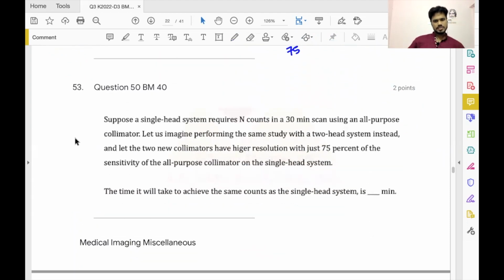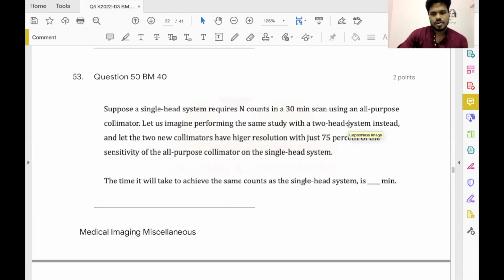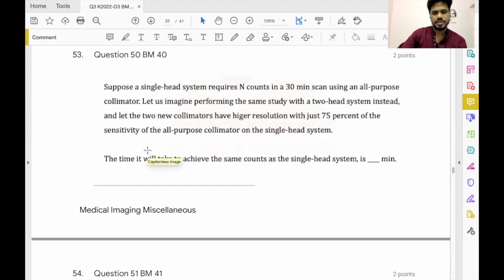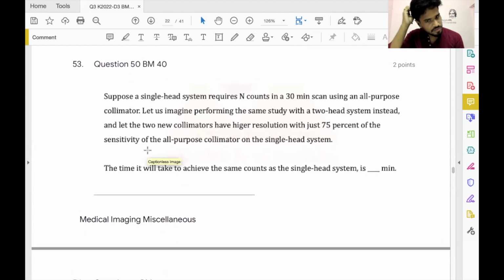There is also something else they could ask. Suppose a single head system requires n counts in a 30-minute scan. Let us imagine performing the same study with a two-head system, where the two collimators have higher resolution with 70% of the sensitivity. With one head, we get n counts in 30 minutes. Now we use two collimators, again for 30 minutes.